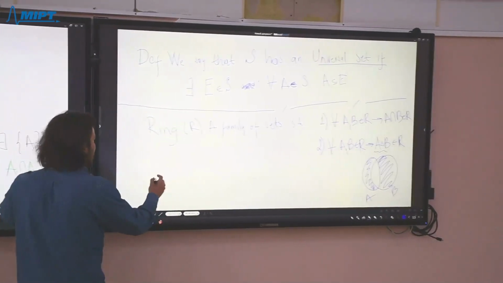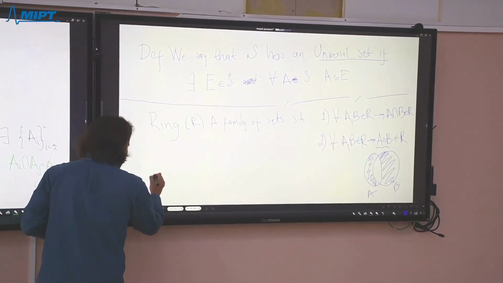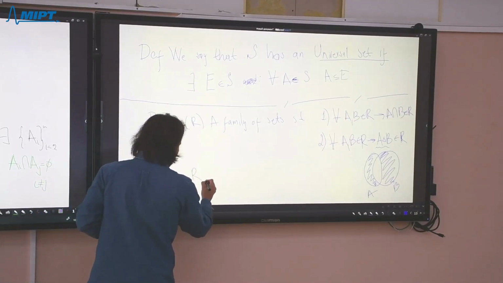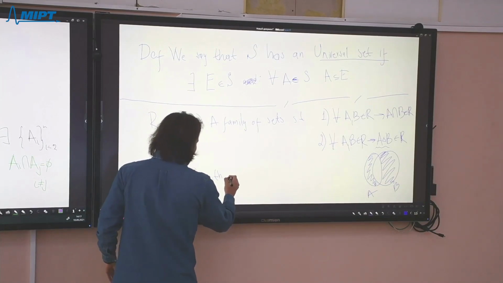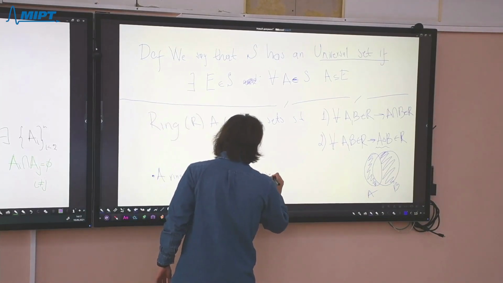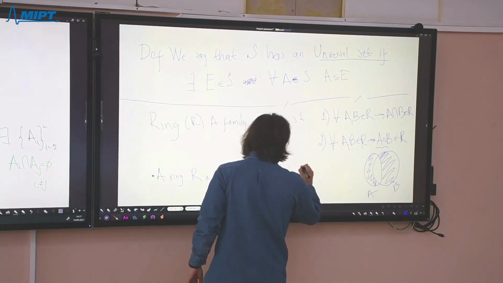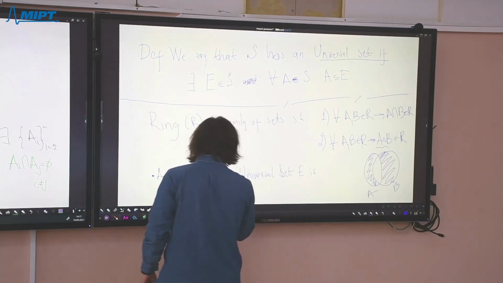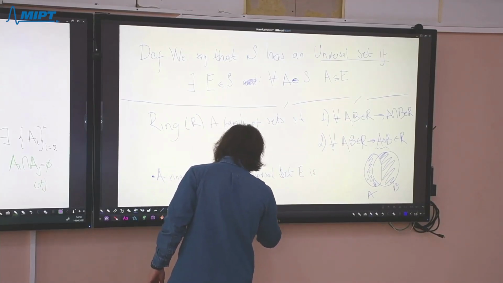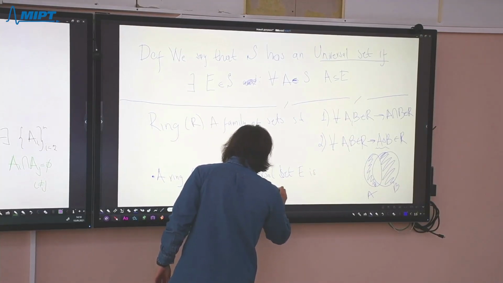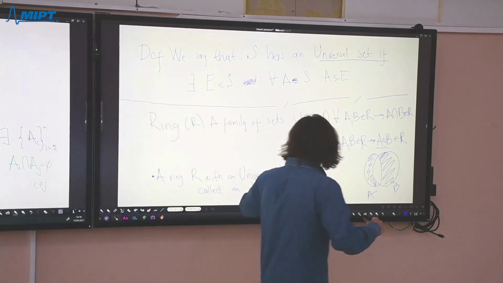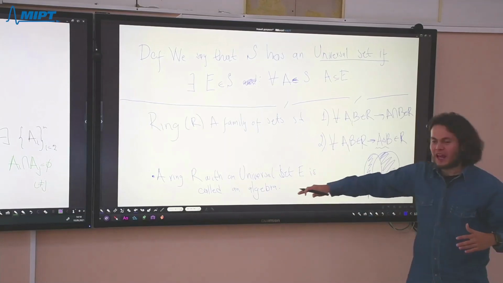So here, let me write like this: a ring R with a universal set E is called an algebra. Okay, so we already came to the definition of an algebra, right?